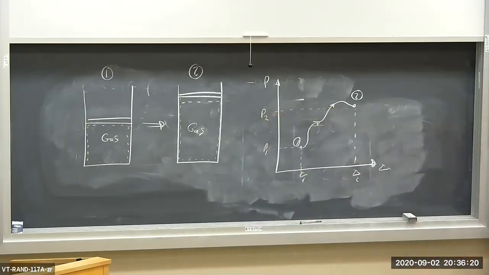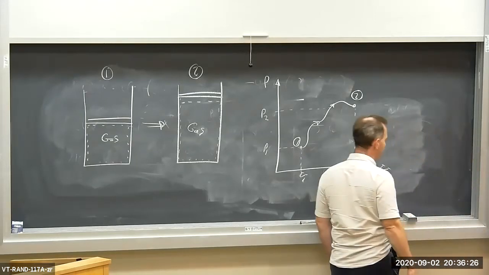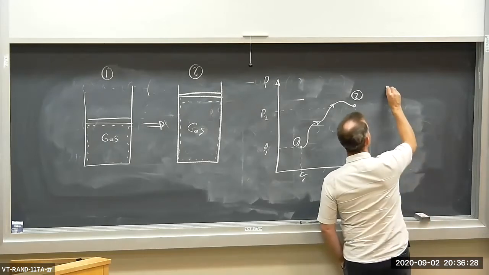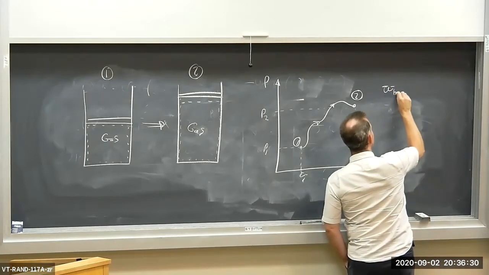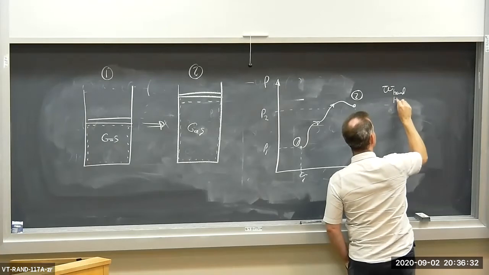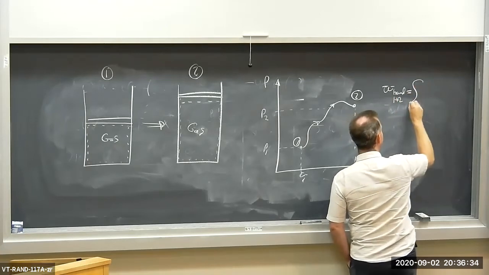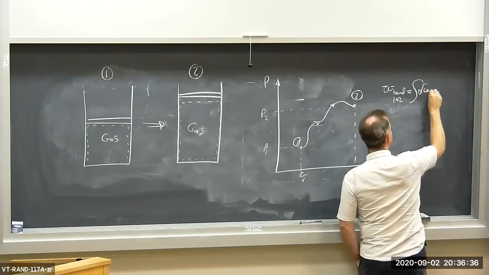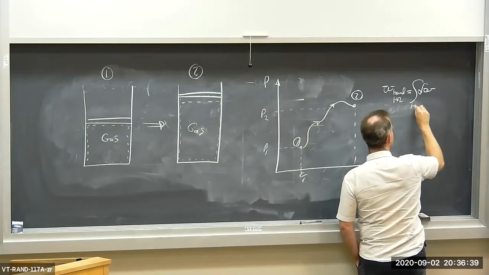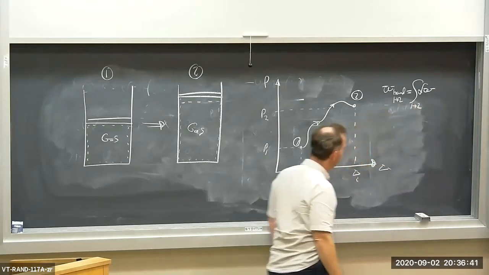What's the work? What's the boundary work over the process from state one to state two? Well, the boundary work, W bound from state one to state two, is the integral of the differential work from state one to state two.